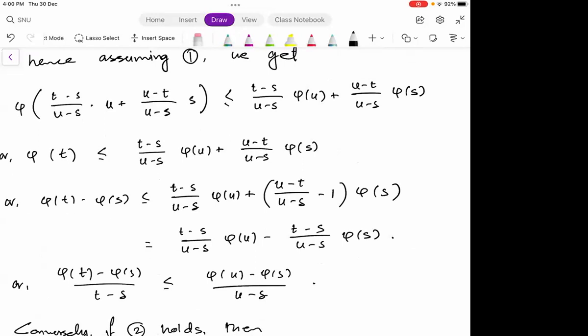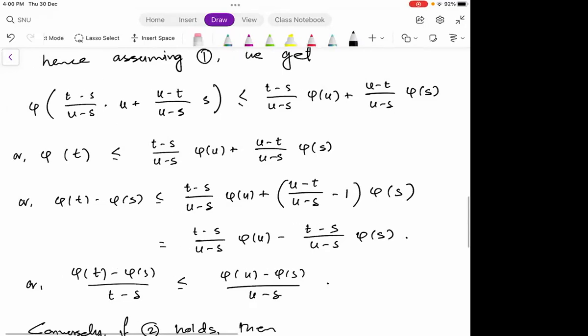That's right. You are correct. Just give me a second. Thank you. And you are correct. So phi t is less than or equal to this. Phi t minus... you were right. This has to be corrected. Just give me a second.